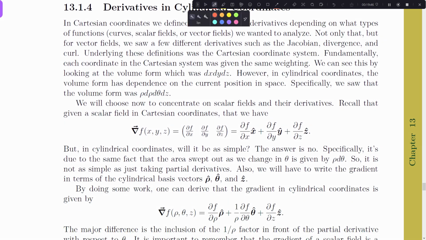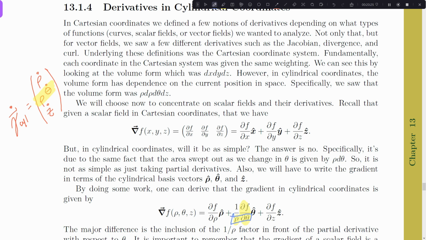You can probably remember that when we were considering curves in cylindrical and we took their time derivative, we recovered rho dot, but then we recovered rho theta dot and then z dot. And so this middle term, rho theta dot, says that as I move in the theta direction, I actually have to recover multiplication by rho on specifically the theta term, right? So the d theta, the rho d theta there is just like rho theta dot.